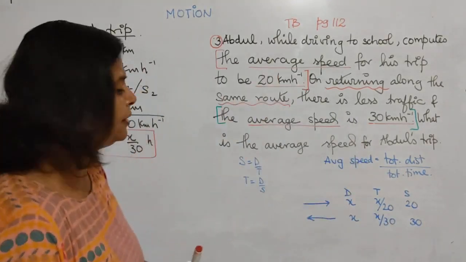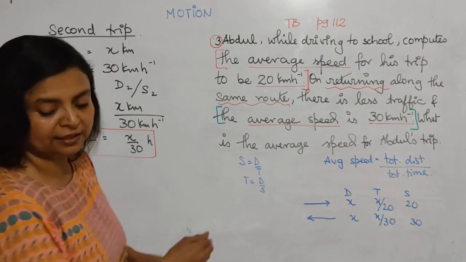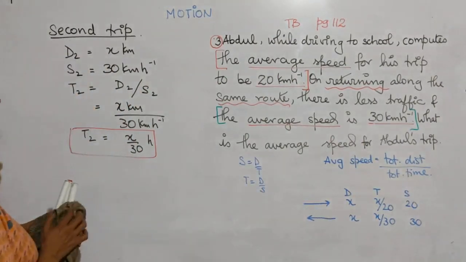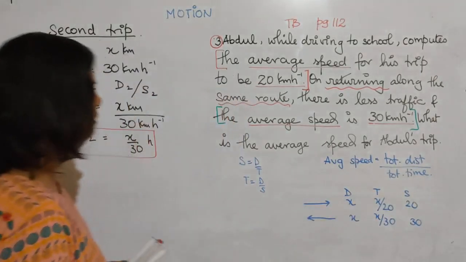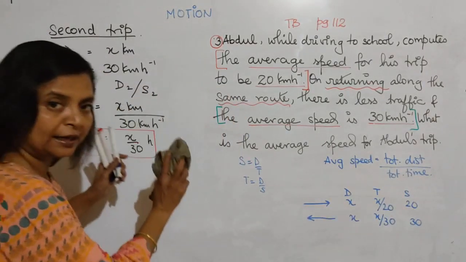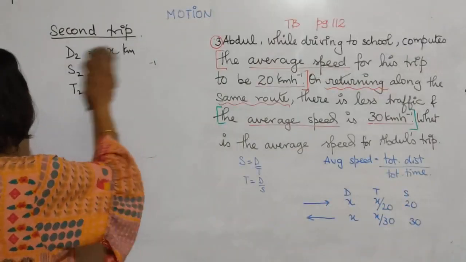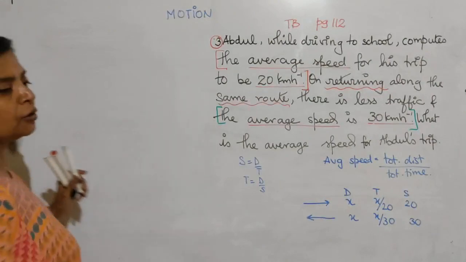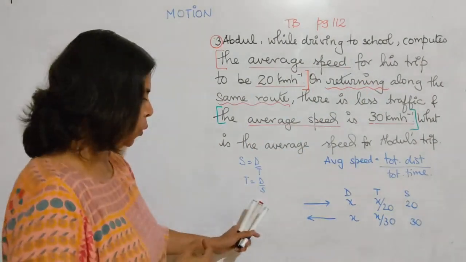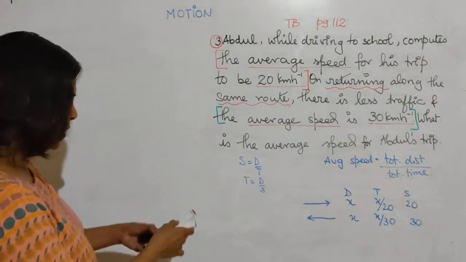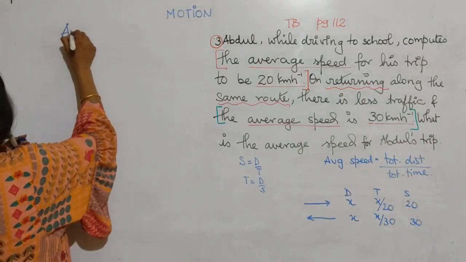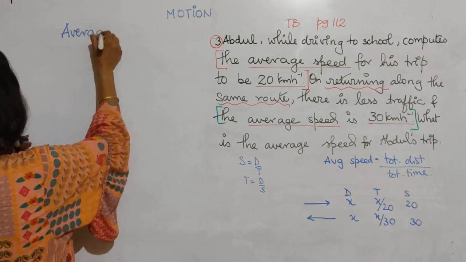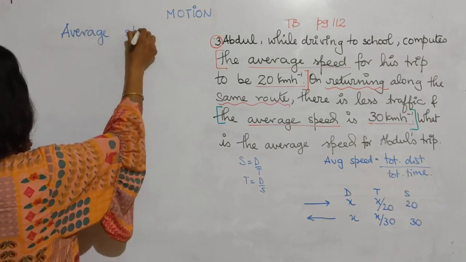So although I am rubbing the board, I am putting the required data in the rough side. So we have the distance in both the cases, the time taken in both the cases. Now, together, to and fro, going and coming, we have to find the average speed, right?